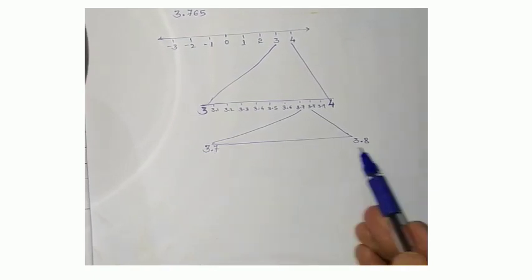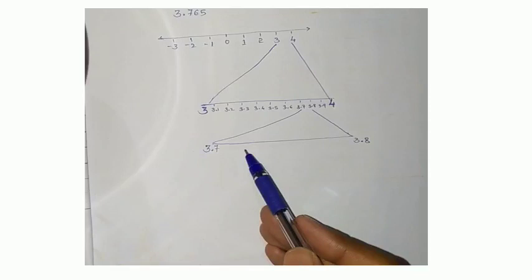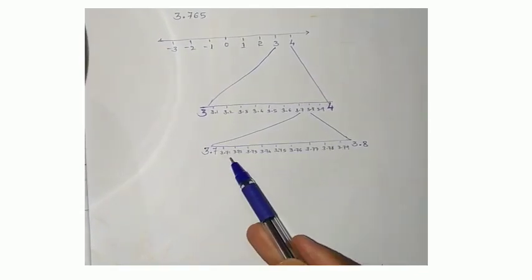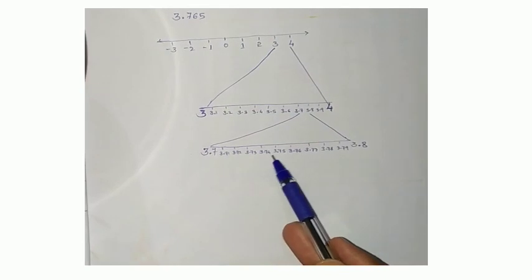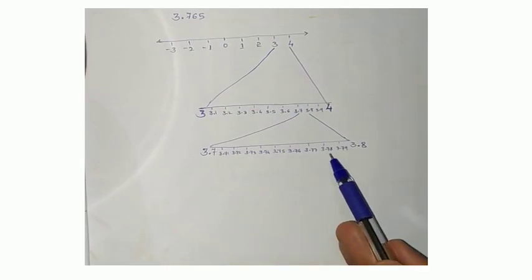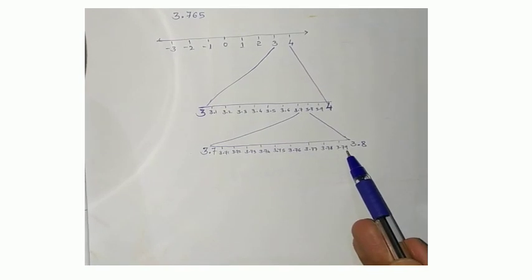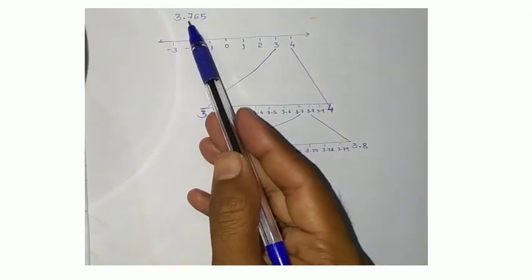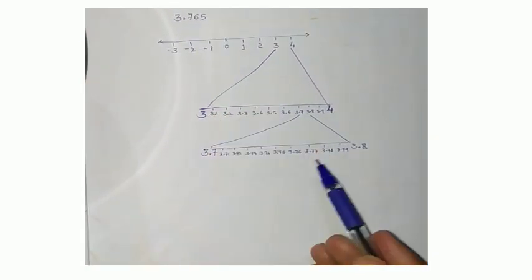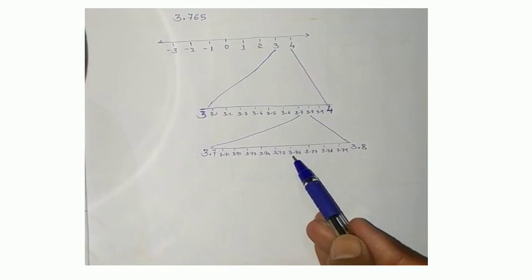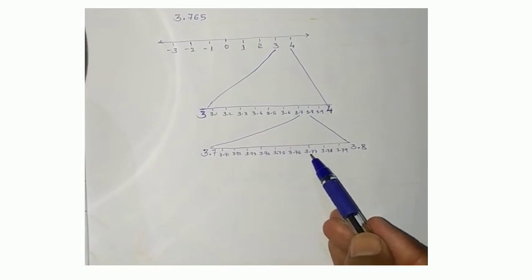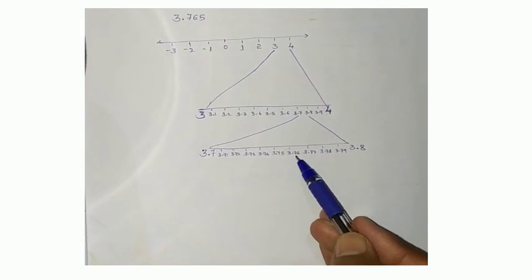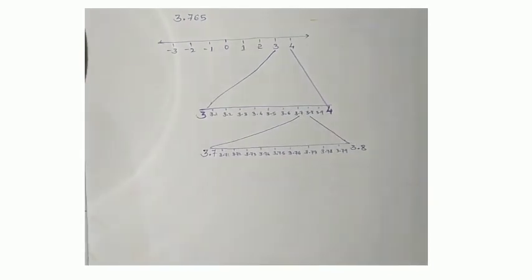In between 3.7 and 3.8 we again get 10 decimals: 3.71, 3.72, 3.73, 3.74, 3.75, 3.76, 3.77, 3.78, 3.79. Now we need 3.765. Where will we get 3.765? It is between 3.76 and 3.77. So we have to magnify these two numbers again.